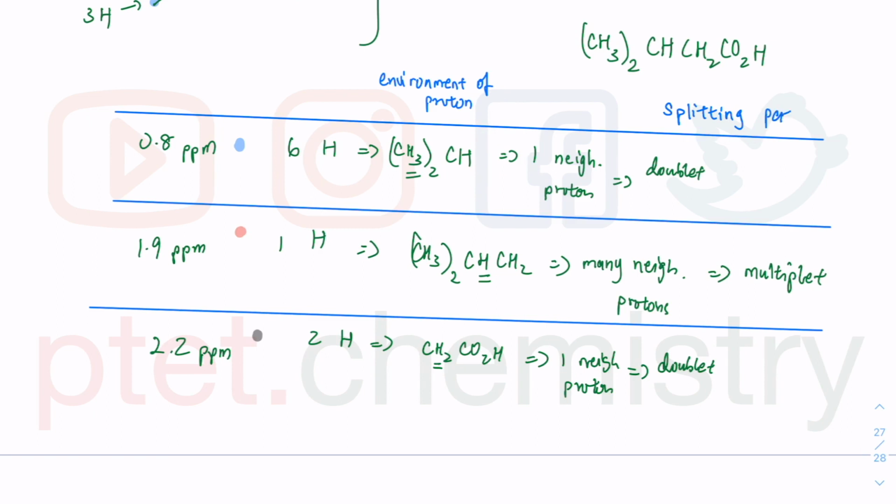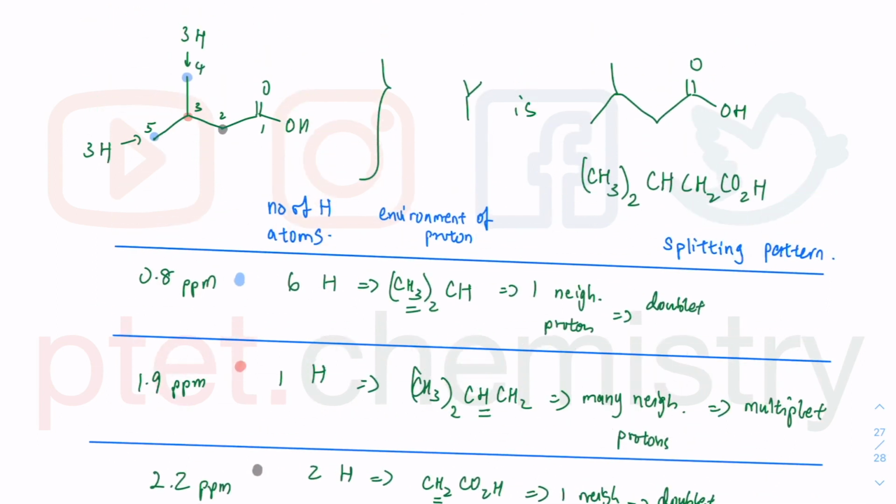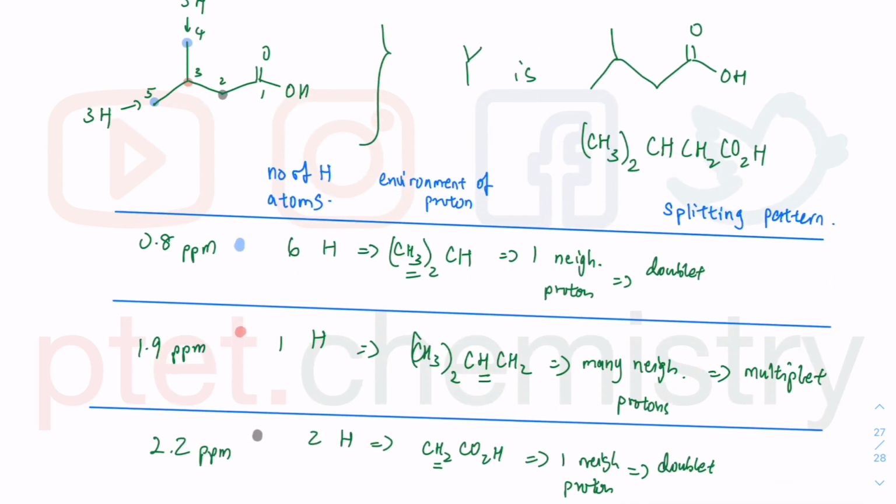Splitting pattern. Number of hydrogen atoms responsible for the peak. This is the integrated ratio. So I've not done them in exact order, but I hope that makes sense in terms of what we have counted based on these particular things that we have discussed.